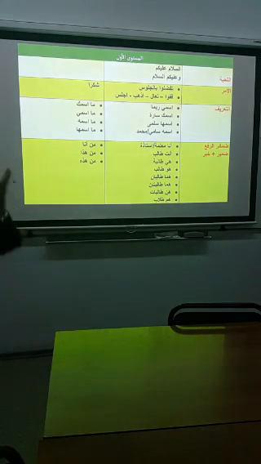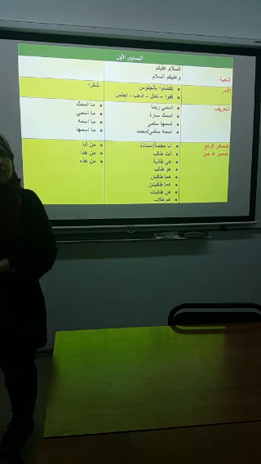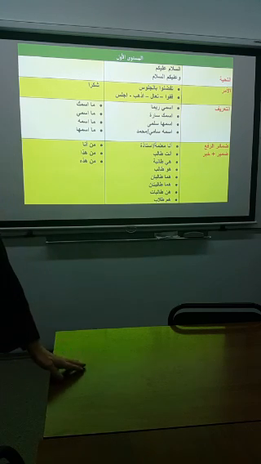So we make lists of words in categories, and then we divide them into 6 groups. One group for level 1, one group for level 2, one group for level 3, one group for level 4, one group for level 5, one group for level 6. This is how we do it.